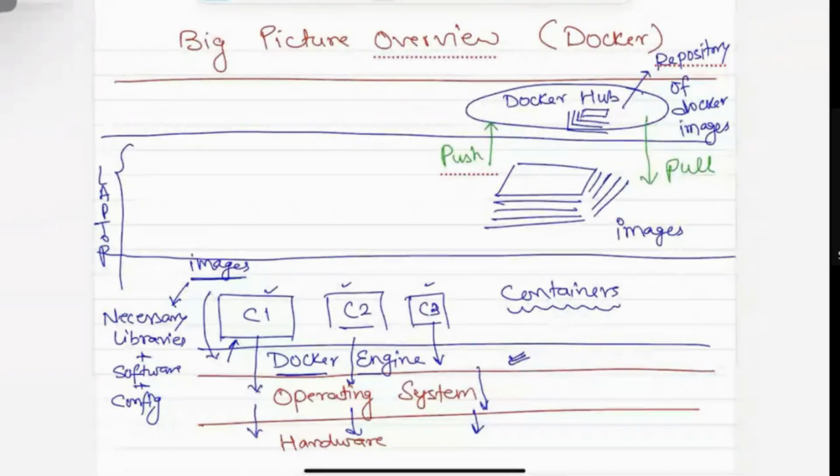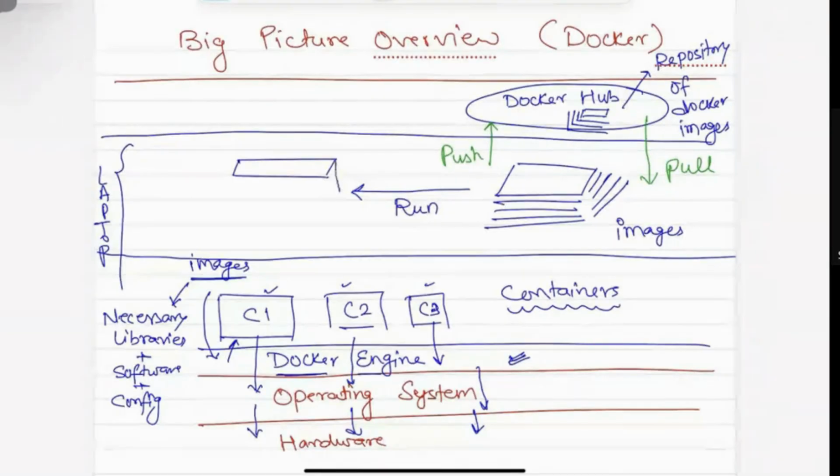Now when we run the image, locally we download the image. Imagine we take the image and we run it. What is the running image called? What did we call a running image? If we run one or more images, what is that called in the Docker ecosystem?